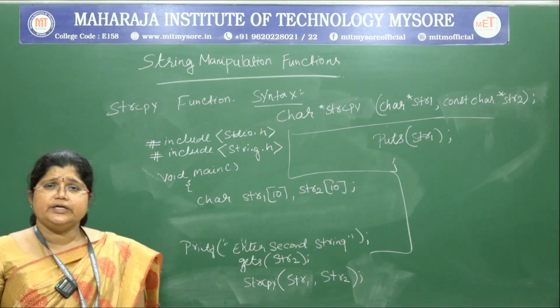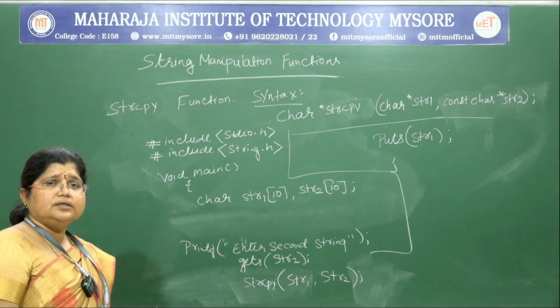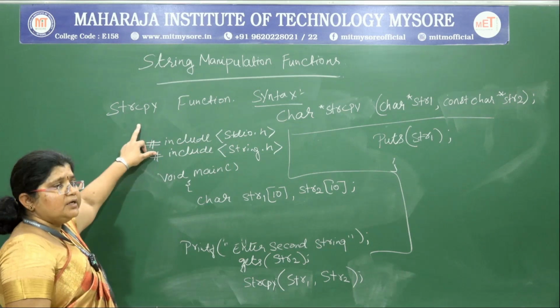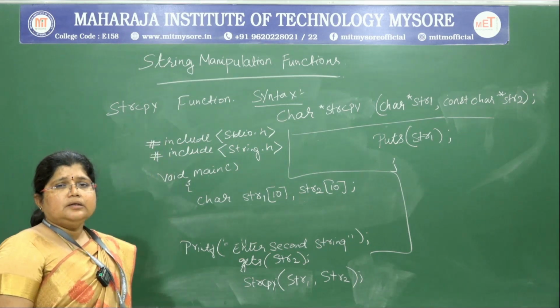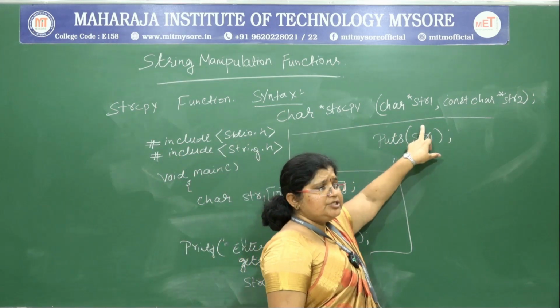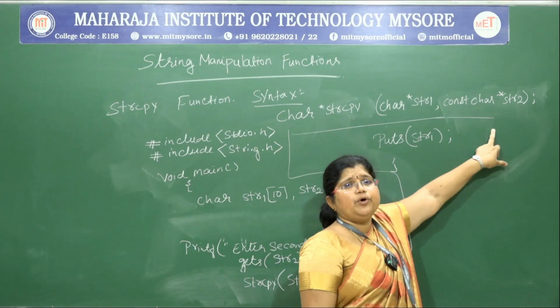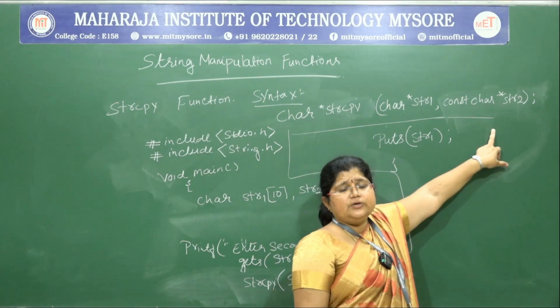Now let us look at the next function, the string copy function. When you look at this, str1 is one location where one string is present, and str2 is pointing to another location which contains a second string.